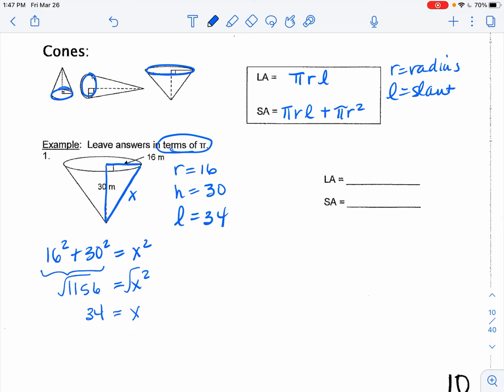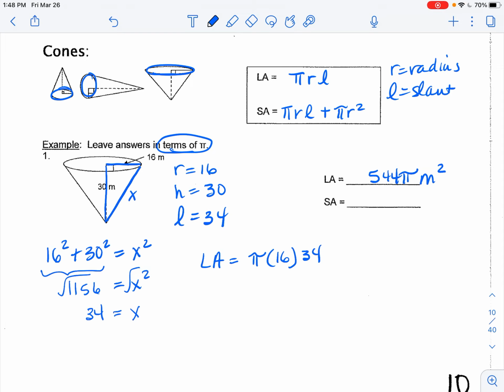All right, so then the lateral area is just going to be pi times the radius times the slant height. When I multiply 16 and 34, that gives me 544, and it leaves in terms of pi meters squared.